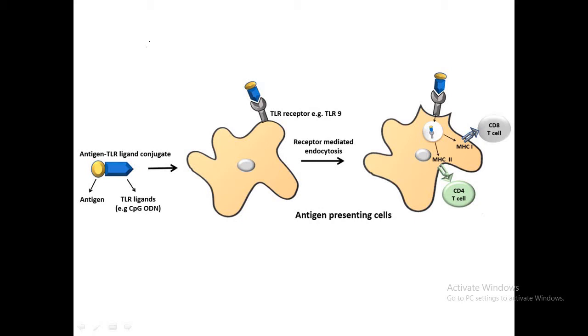These antigens can be a bacteria or a virus, anything. These pathogenic bacteria or viruses are very harmful for our body, and once they enter our body they start showing their effect, which can be very detrimental.